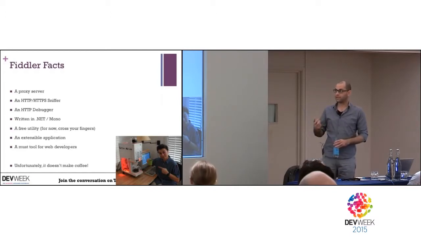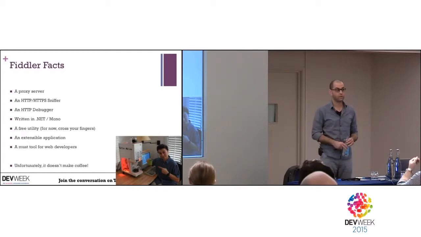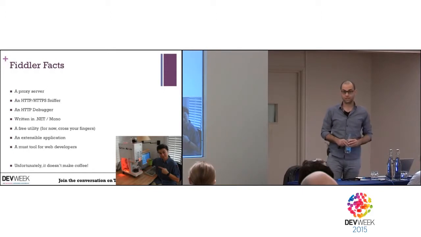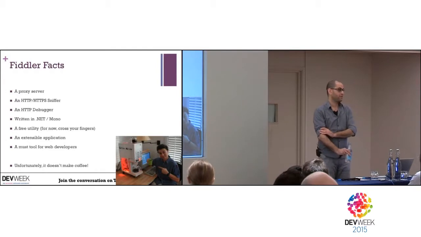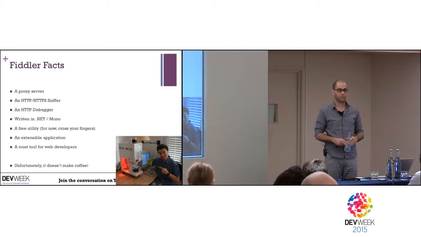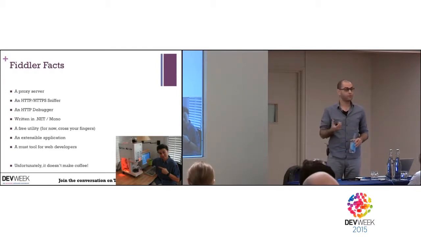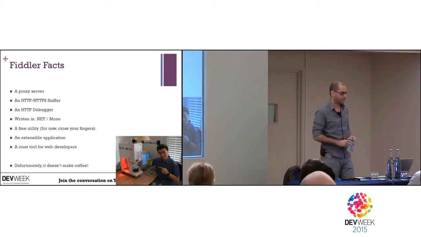Fiddler is a sniffer, able to sniff both HTTP and HTTPS content. This is kind of weird because all this time we thought that HTTPS, that S was supposed to stand for secured. So if it's secured, how come Fiddler can sniff it? So we'll talk exactly how Fiddler does that.